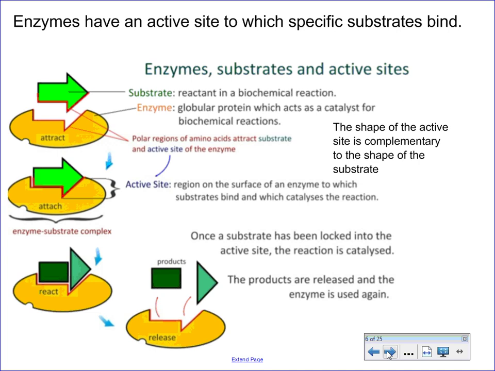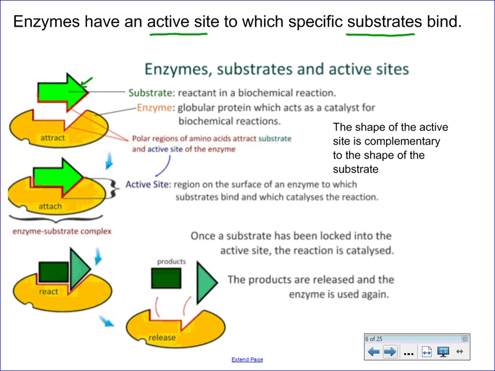So we'll get into some of the specifics of how enzymes work to speed up reactions. Enzymes have what's called an active site, which will bind to a specific substrate. The diagram shown here shows the enzyme, active site, and substrate.